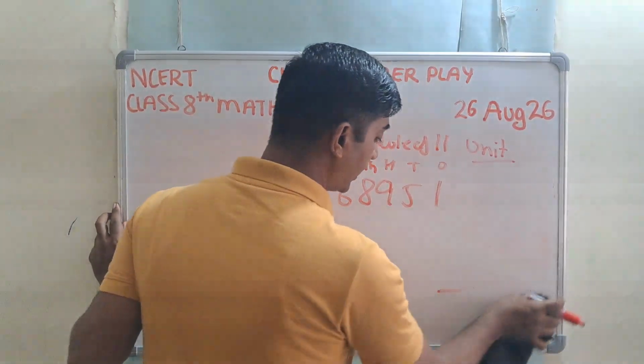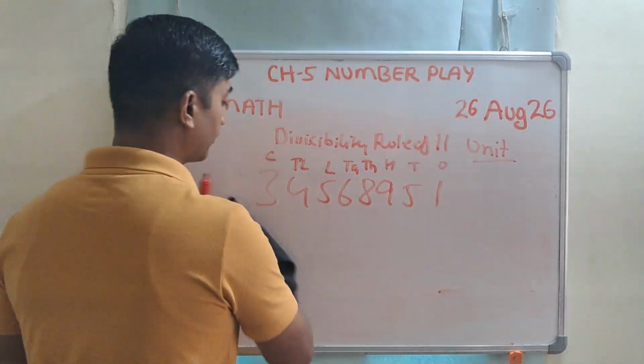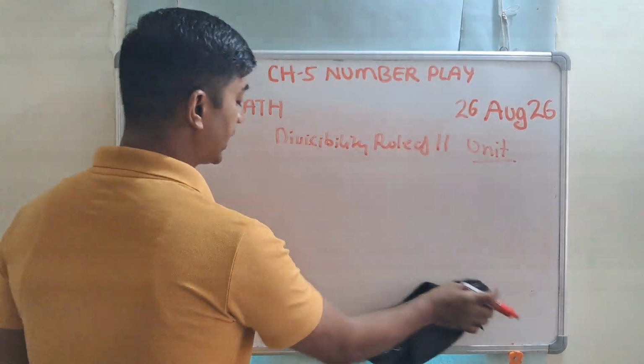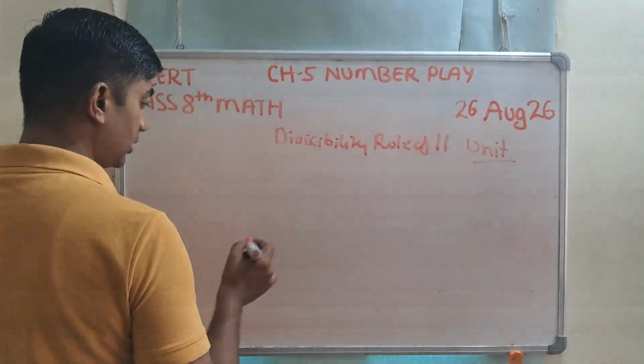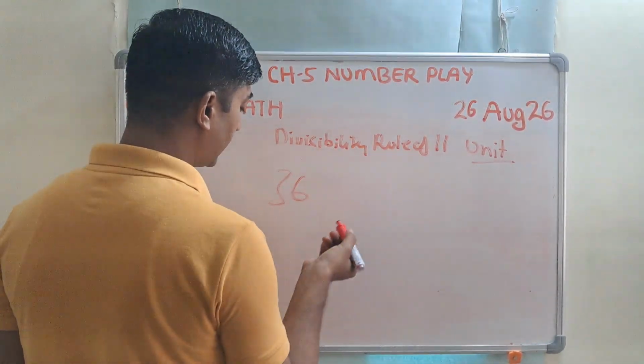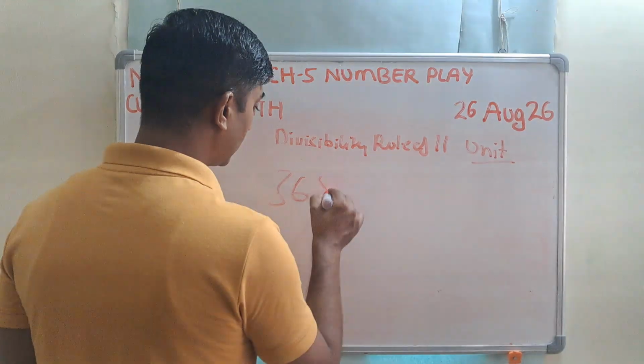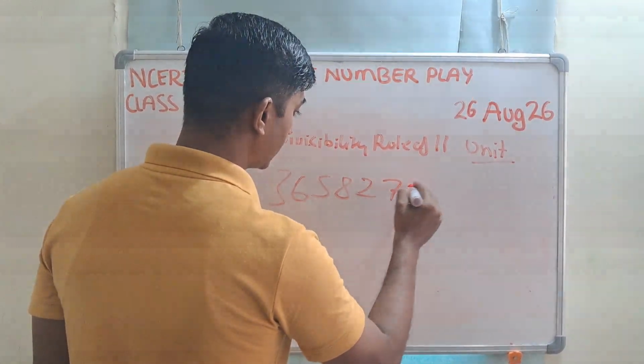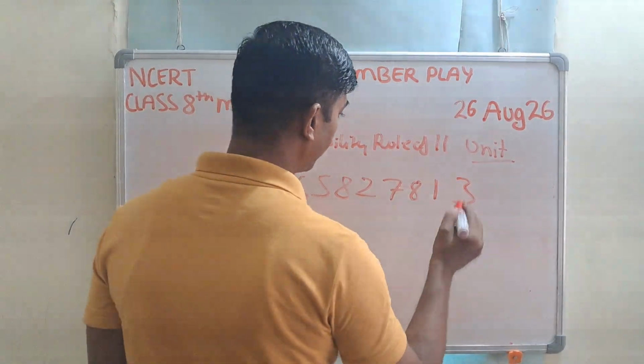Now, in a more convenient way, how do you apply this rule? What we are doing actually: the number is 3, 6, 5, 8, 2, 7, 8, 1, 3, just any random number.